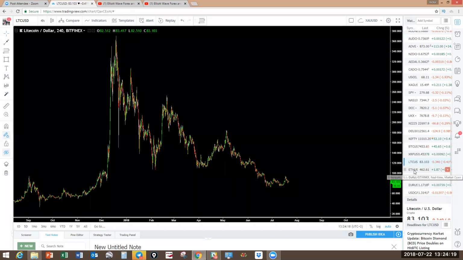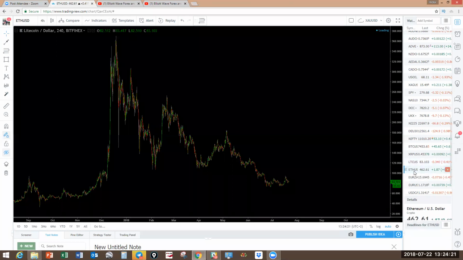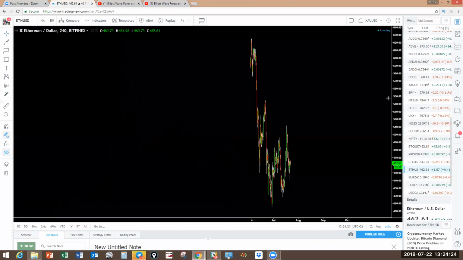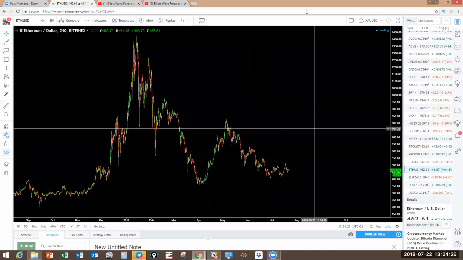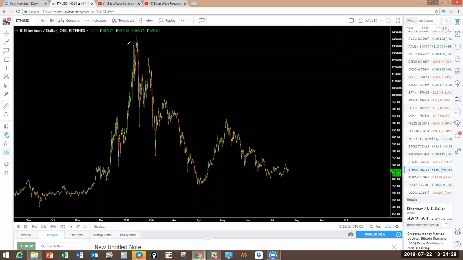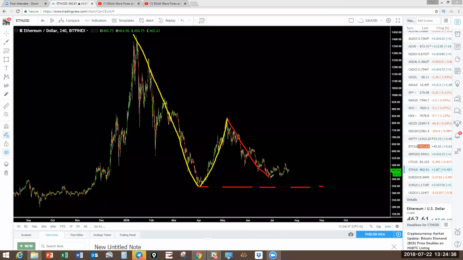All right, so Ethereum. You can see that Ethereum, I say this all the week, every week, that Ethereum is behind in terms of other currencies. So the others have already broken this top, as you have seen. Ethereum is only here, and it is busy correcting with this move.